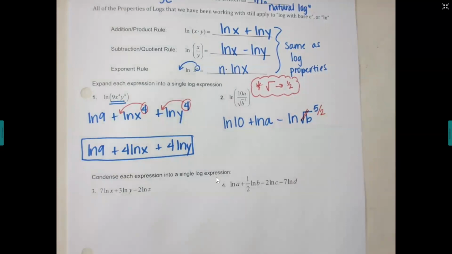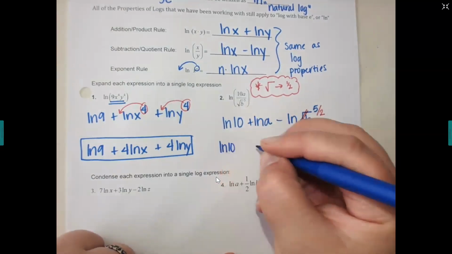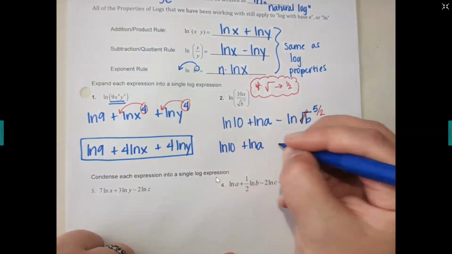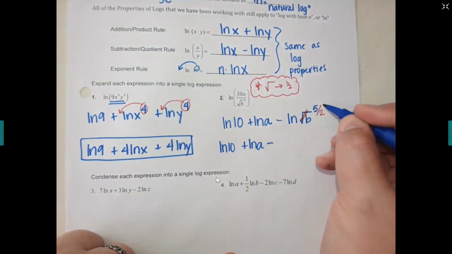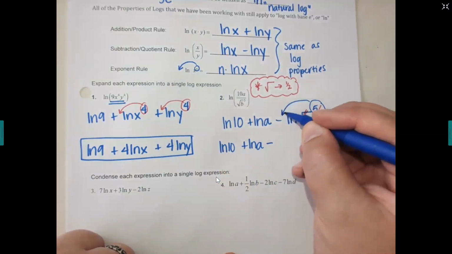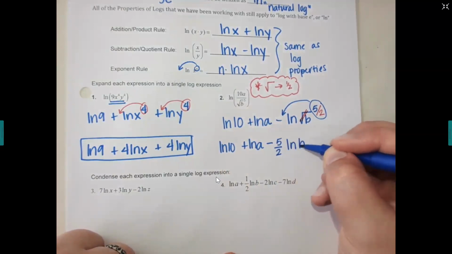And then once I cut that 5 in half to show that the square root was there, where do I drop it to? Down to the front. So it'll be ln 10 plus ln A minus what? 5/2, or 2.5. I'm going to leave it as a fraction, but 2.5 is the same, ln B.